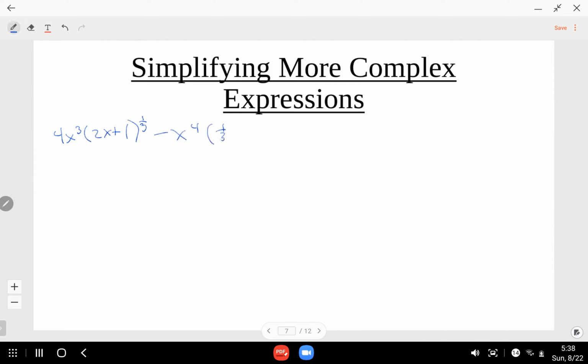Times 1/3 times 2x plus 1 to the negative 2/3 times 2, over 2x plus 1 to the 2/3.